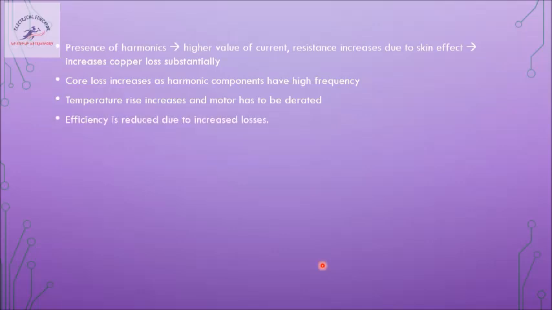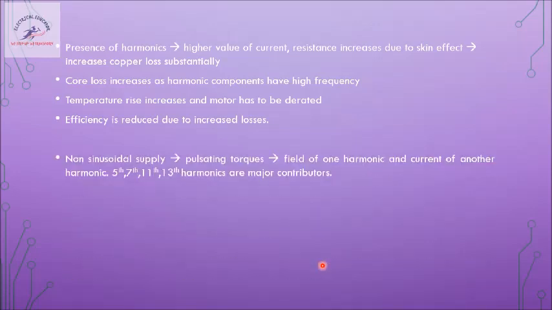So this non-sinusoidal supply produces pulsating torques. So what are these pulsating torques? Now we have different fields induced in the air gap by different harmonics, where the dominant harmonics are the 5th, 7th, 11th and 13th.